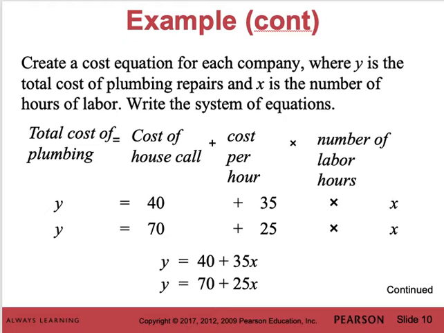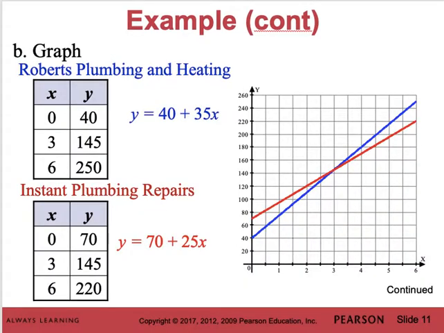First we'll write our equations. The first one would give us y equals 40 plus 35 times x. X is the number of hours, y is the total cost. And the second place charges a $70 fee up front and $25 per hour. So at what point would the cost be the same? We can find that if we graph these two lines, do they intersect?